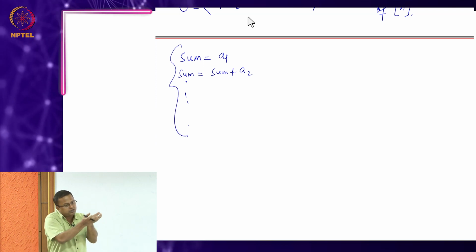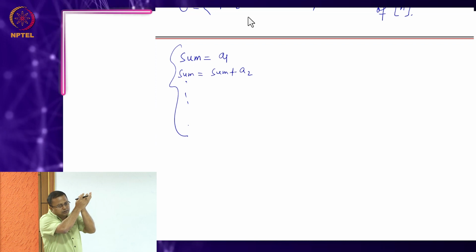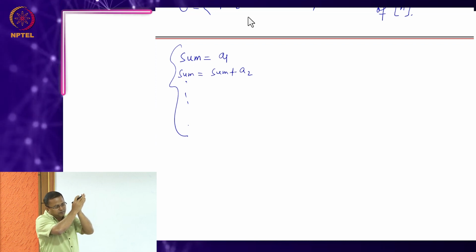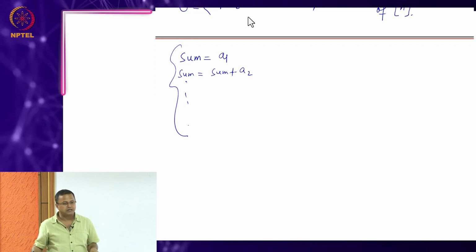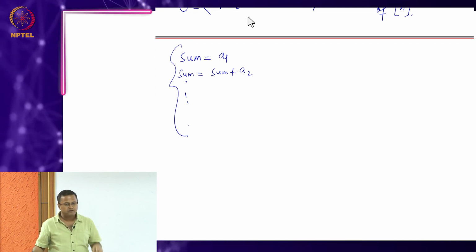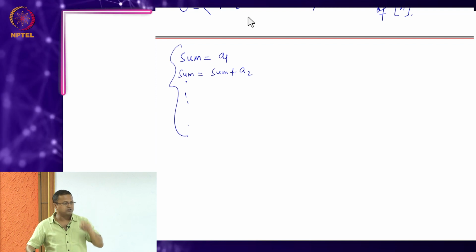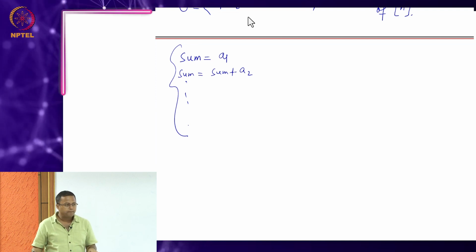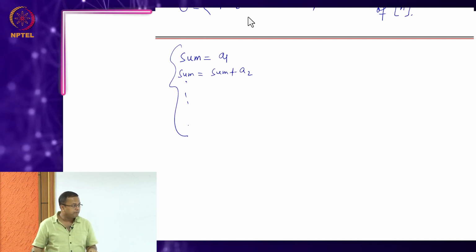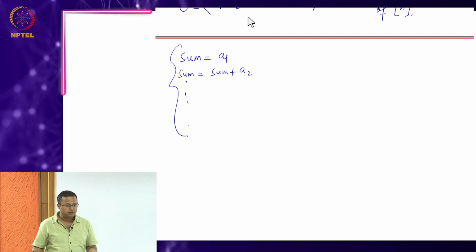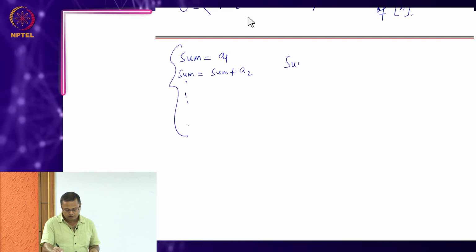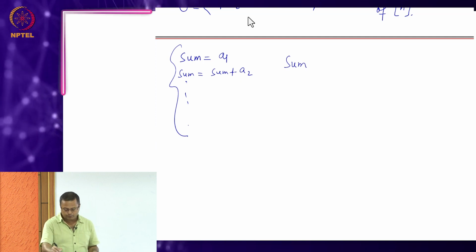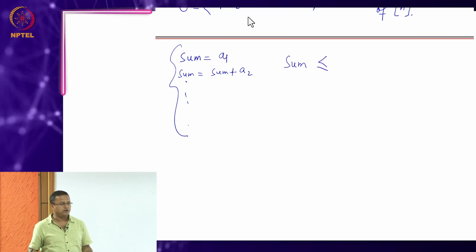So, the sum is growing in size, right? A1 plus A2 plus and so on. What would be the size of the space that stores this value sum? Linear space, why? Can I put a bound on this value of sum?